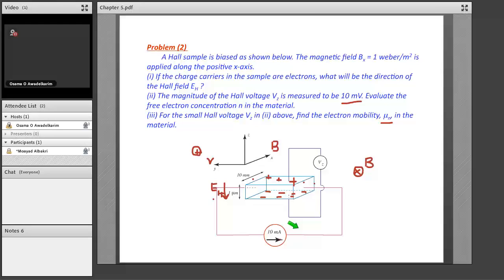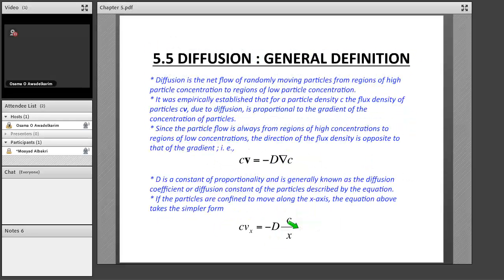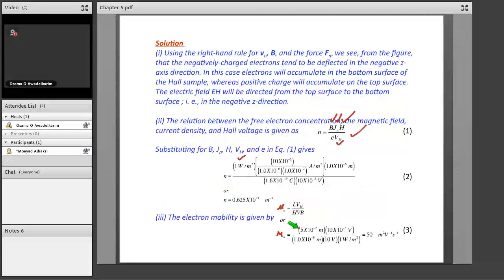Where is it given? I'm trying to see. It's not shown in the figure clearly, but L is 5 times 10 to minus 2 meters, so it is maybe 50 millimeters.